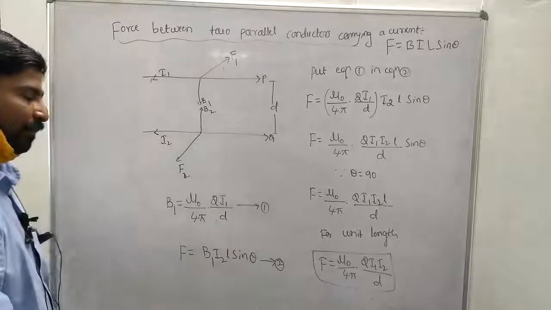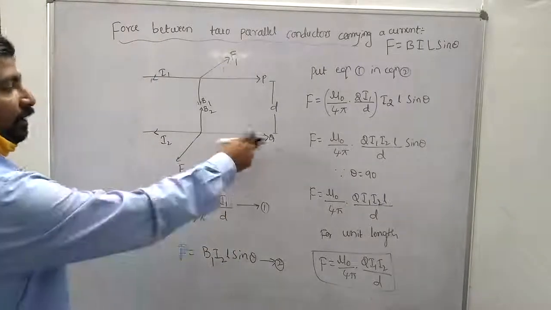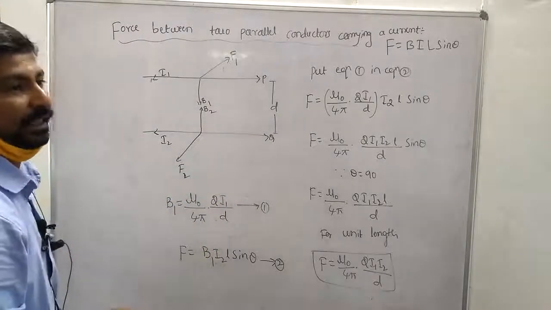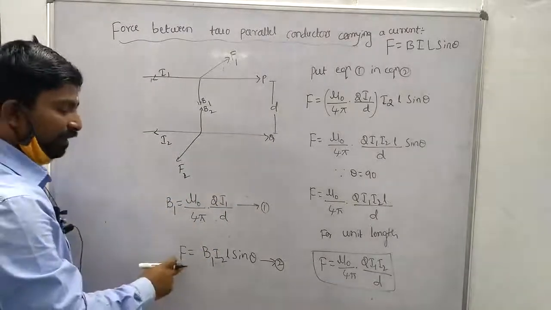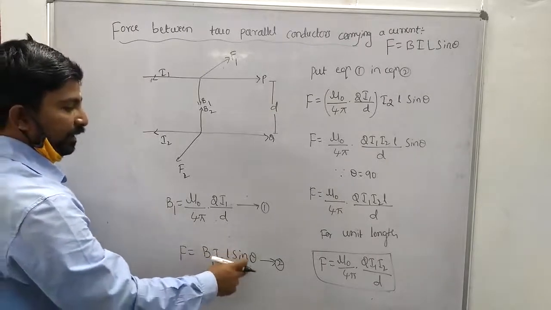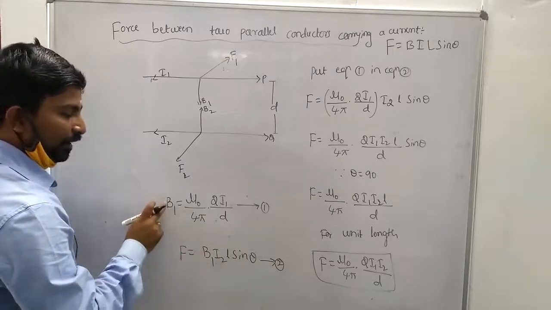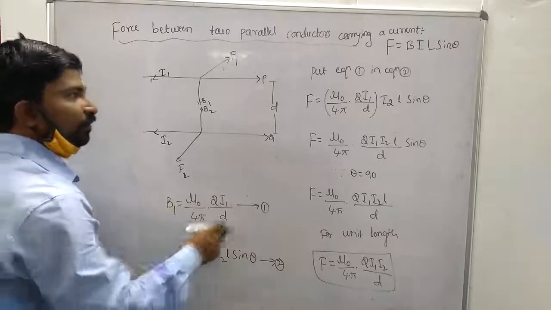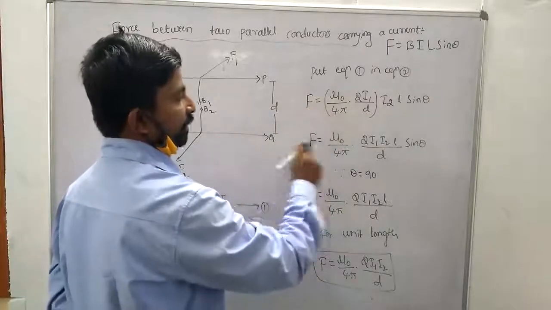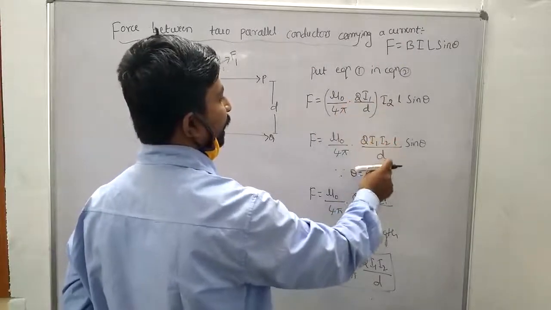So this is equation number 1. The conductor Q carrying a current I2 will experience the magnetic force. Therefore, you can write F is equal to B1 I2 L sin theta. So this is equation number 2. Put equation 1 in equation 2, then rearrange: mu naught by 4 pi multiplied by 2 I1 I2 L by d into sin theta.